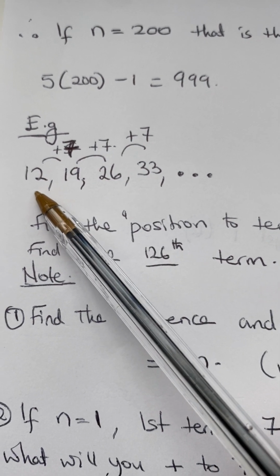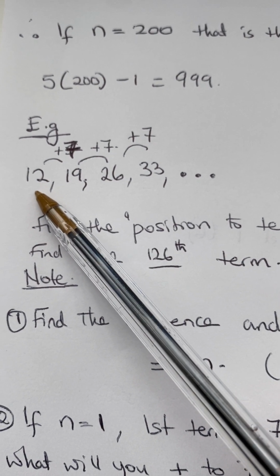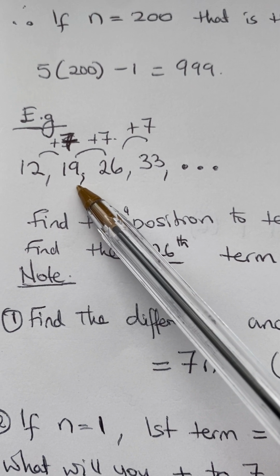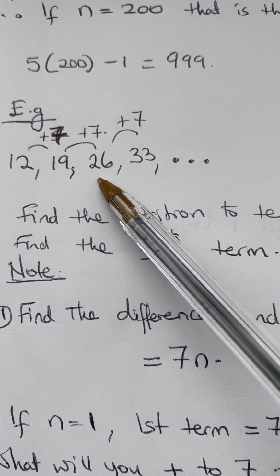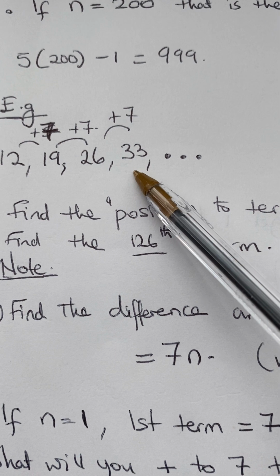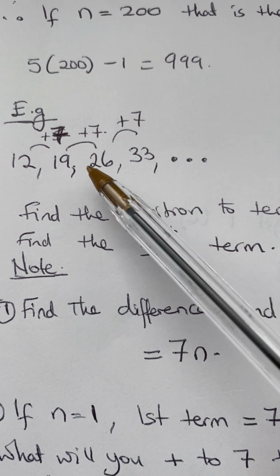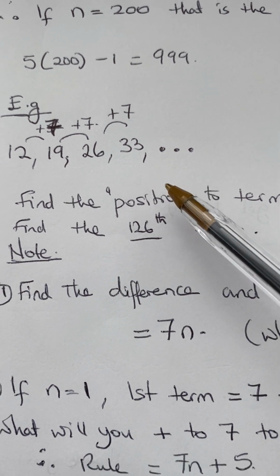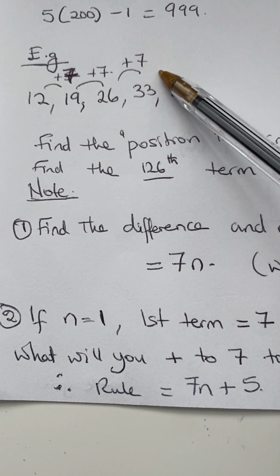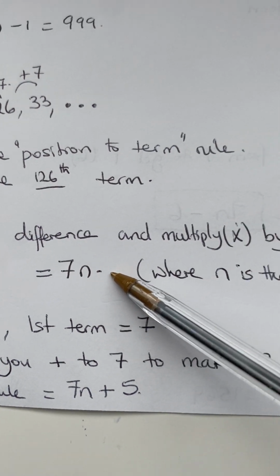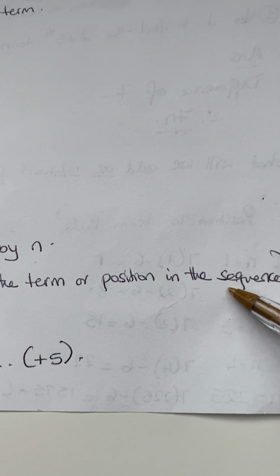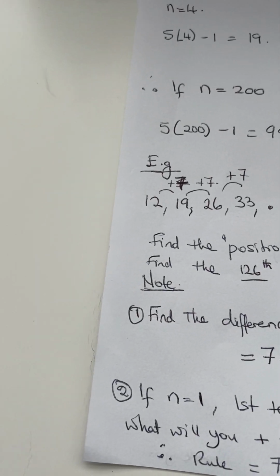The first term n is 1, second term n is 2, third term n is 3, fourth term n is 4. So there's an increment of 7, so we multiply by n, where n is the term or position in the sequence.